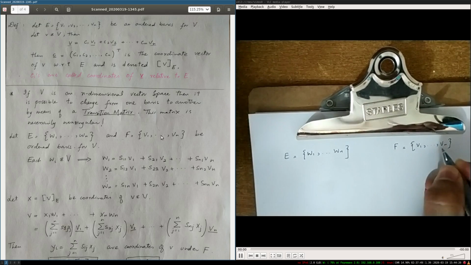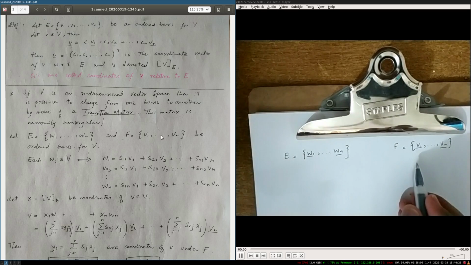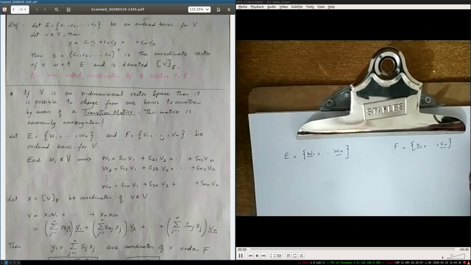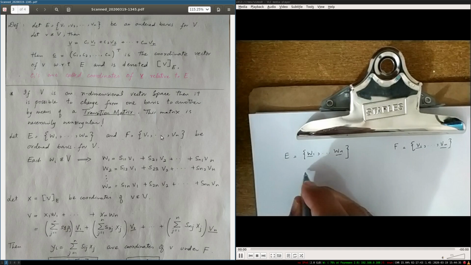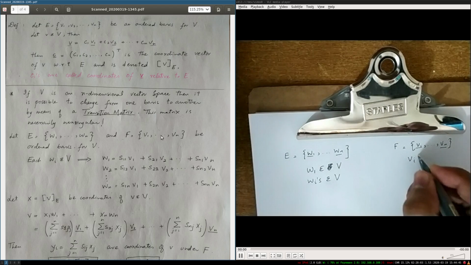This is a collection of basis vectors and this is a collection of basis vectors. And the idea is, if this is a collection of basis vectors for the vector space V, then W1 is a member of V. In fact, all Wi's are members of V, and in fact all Vi's are members of V.